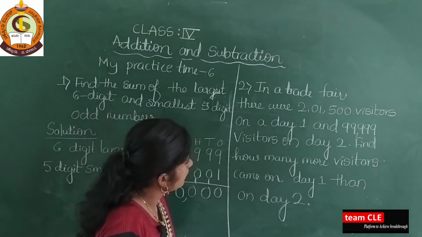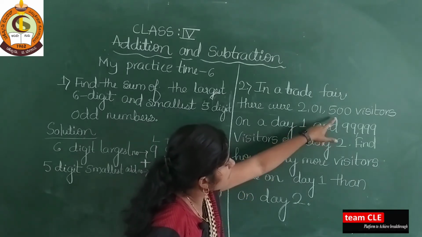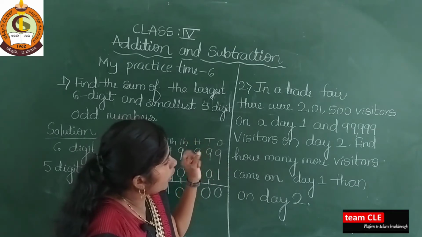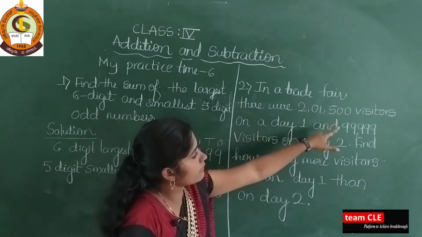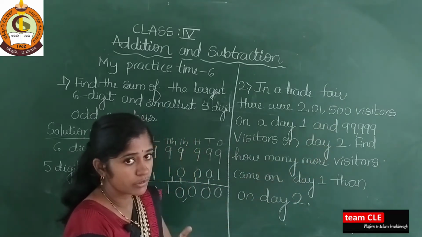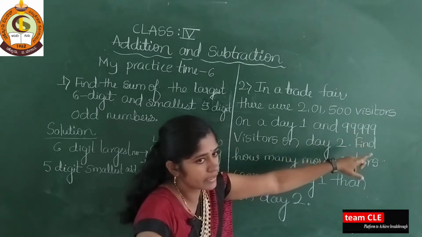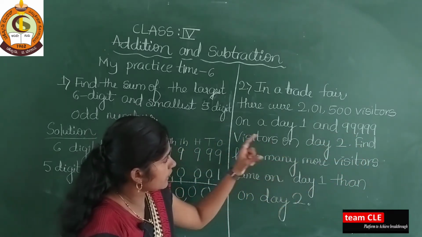In a trade fair there were 2,01,500 visitors on the first day, and on the second day 99,999 visitors.